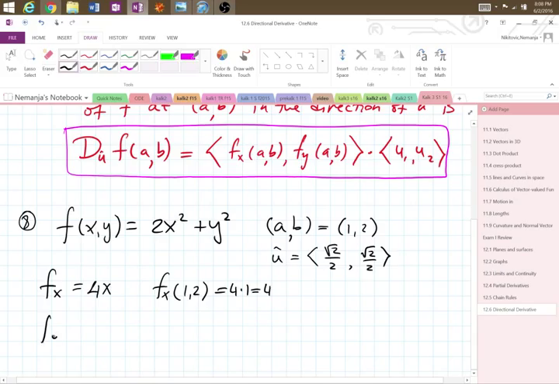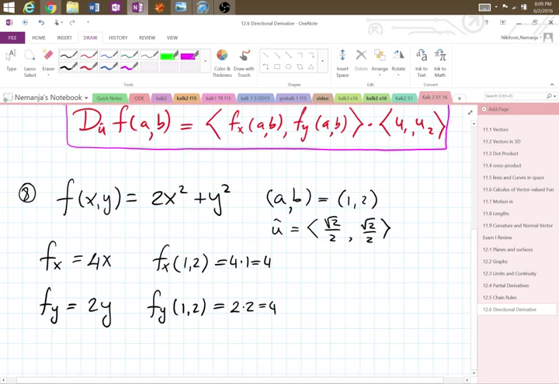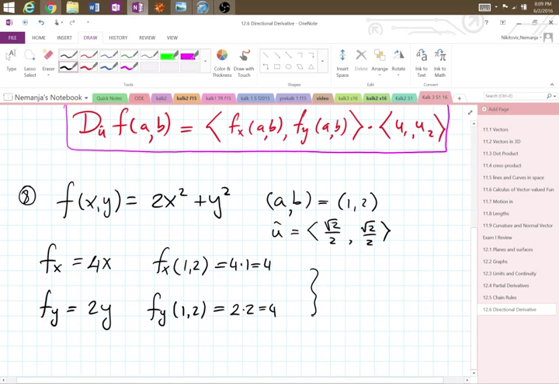Then we compute fy, the partial derivative in respect to y. So 2x squared dies because there are no y's there. It's all constants. And then y squared is 2y. We compute the partial derivative at the point 1, 2. Since it only contains y, we use number 2, so 2 times 2 is also 4. So these two together create our vector 4, 4, which is the first vector there.